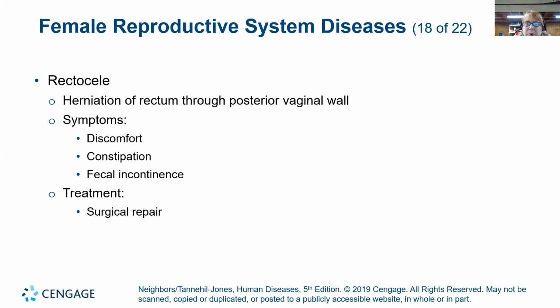It's when there's pressure and both the walls weaken, okay? So the symptoms are discomfort. A lot of times there's constipation, and it can range from constipation to fecal incontinence, where people cannot hold their bowels. And most likely this one always requires some type of surgical repair.